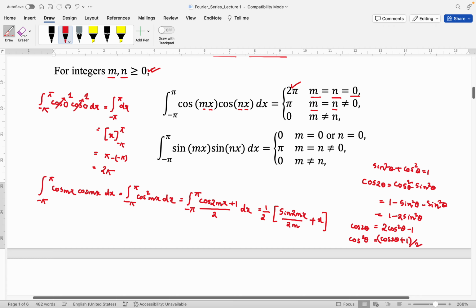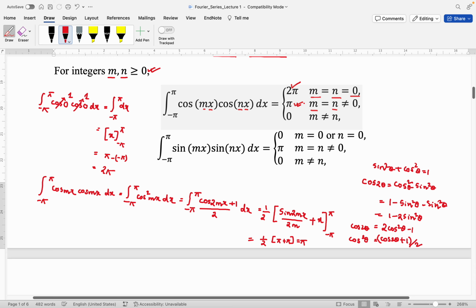For both of them the limits are minus pi to plus pi. The sine function at pi is sin of 2 m pi, which is 0, and at minus pi it is again 0, so the sine term vanishes. Only this term will survive: half times x from minus pi to plus pi, which is 2 pi, the 2 cancels, and finally I get pi.